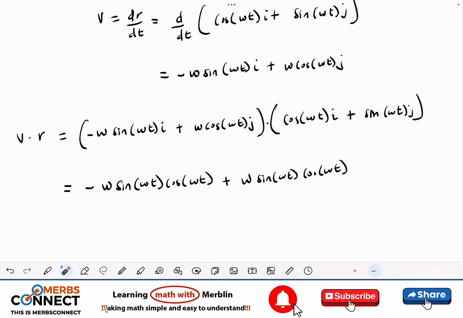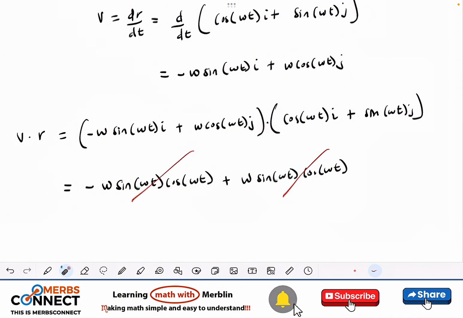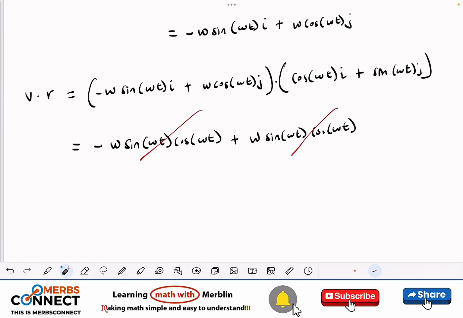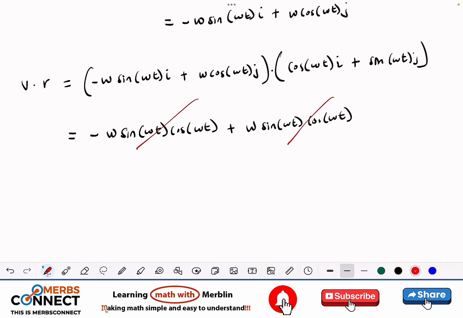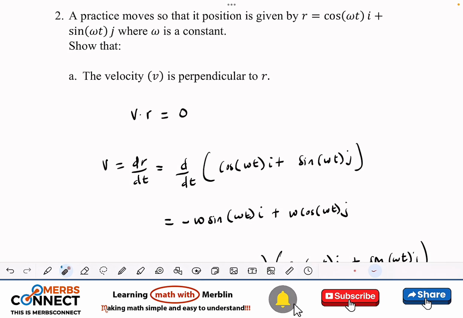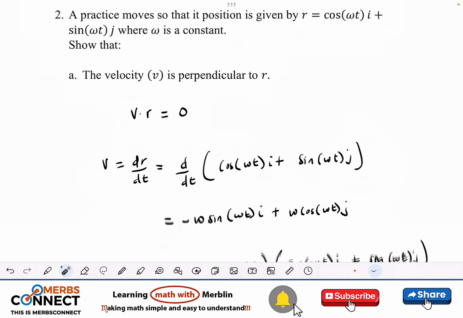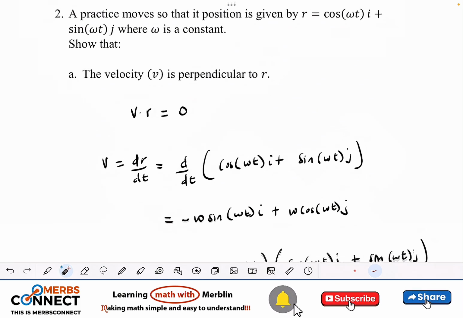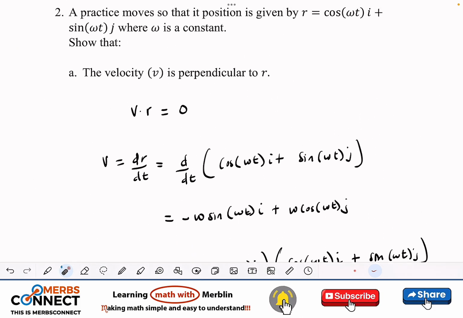So now we can see that this one here is the same as this one here, and this is minus and this is positive, so it's going to just cancel out and you are going to get just 0. So that's what you are going to get. So this is going to give us 0, and this shows that the velocity is perpendicular to the parametric equation or the position vector. Yeah, so this is question A.